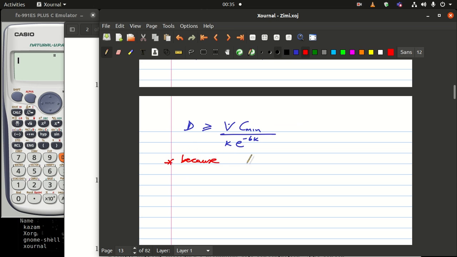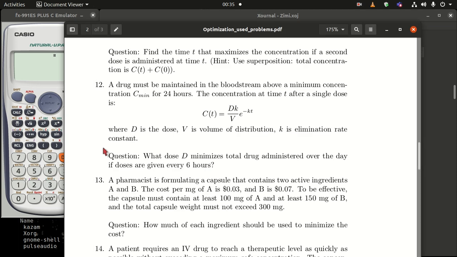Because we want to minimize the total drug, what was this saying? Let me look here.